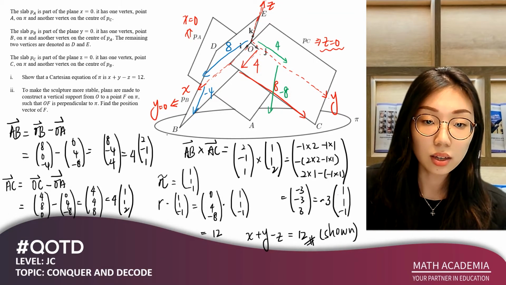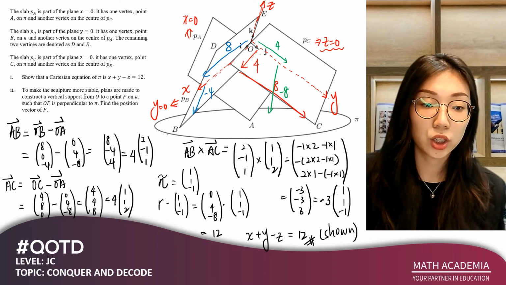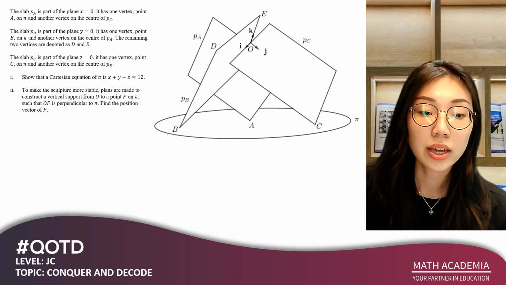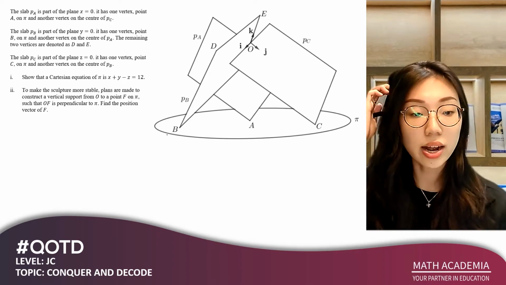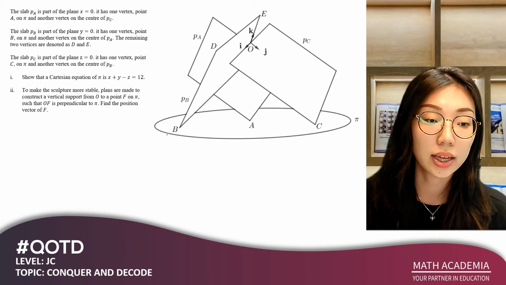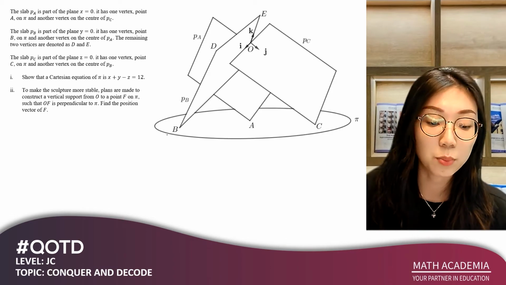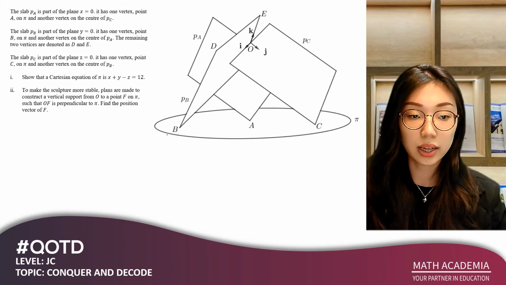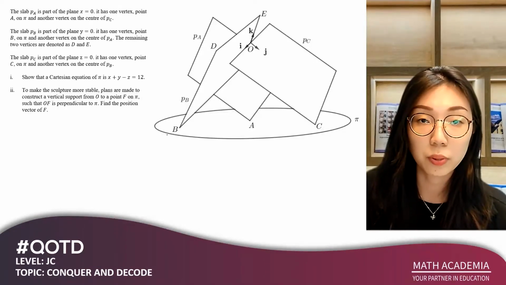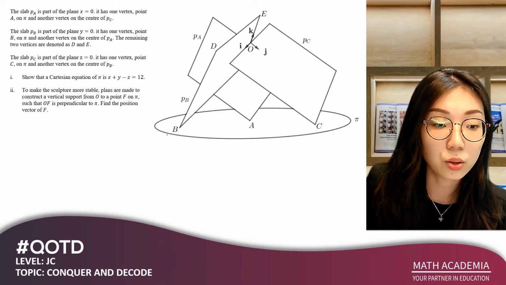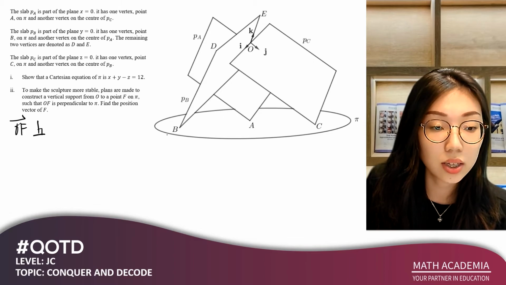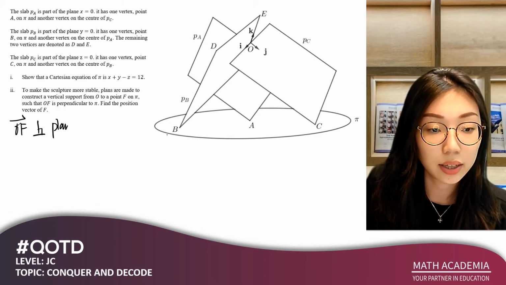The next part of the question wants us to find the position vector of F if we were to construct a vertical support from O to point F on pi, such that OF is perpendicular to pi. So to find the foot of perpendicular F from O to plane pi, I know that the position vector OF is perpendicular to plane pi.